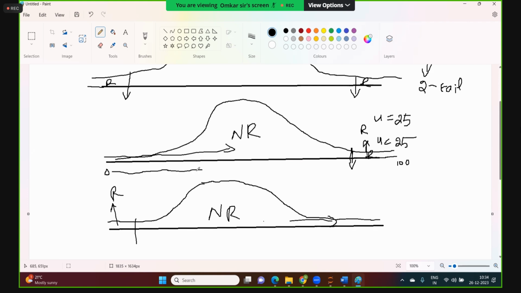So 97 means what is this value? What is the original alpha? 99. So this is 99, and only 1% is left here. That is only one tail. So 1% is left here and 99 is here. Simple, one tail, right?